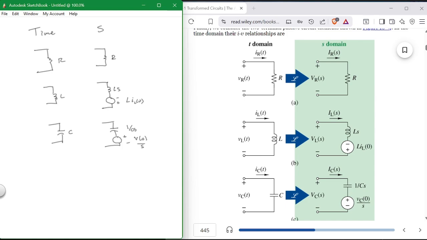So when we solve a problem now, we use the same techniques as we did in resistive circuits, except for the fact that what? When you're writing a voltage loop, or mesh equations, or anything that you've done, instead of this, you write this. Instead of this, you write this.